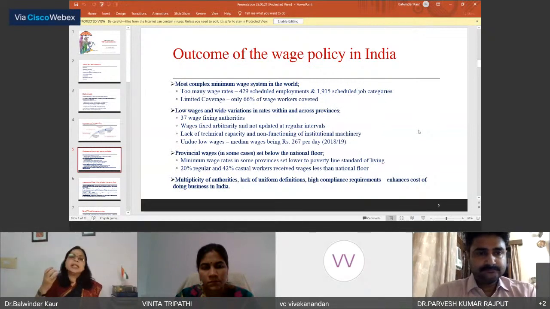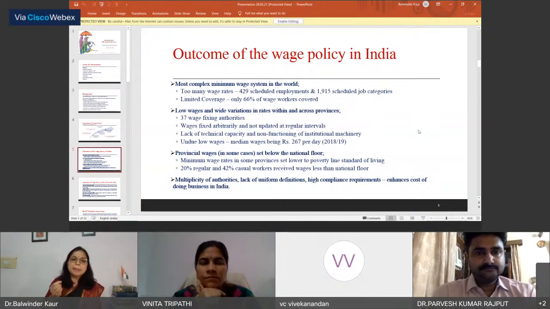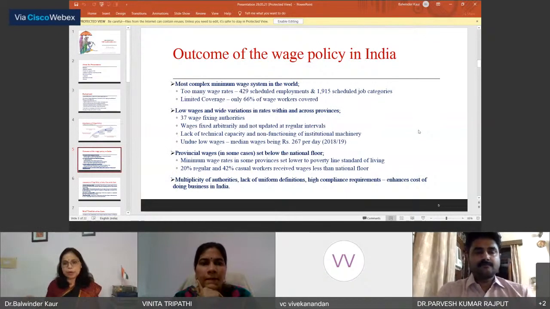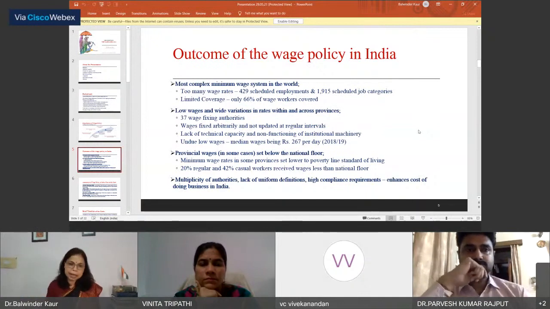One of the reasons for migration was the minimum wages, because Delhi was having a higher minimum wage and Assam was having a low minimum wage, or Bihar, UP or Odisha, these states were having lower minimum wages as compared to the developed states. So the persons who were residing in these states used to migrate because of this minimum wage. That is what I'm trying to explain. The minimum wage rates in some provinces were set lower than the poverty line standard of living. That was one of the reasons for migration.